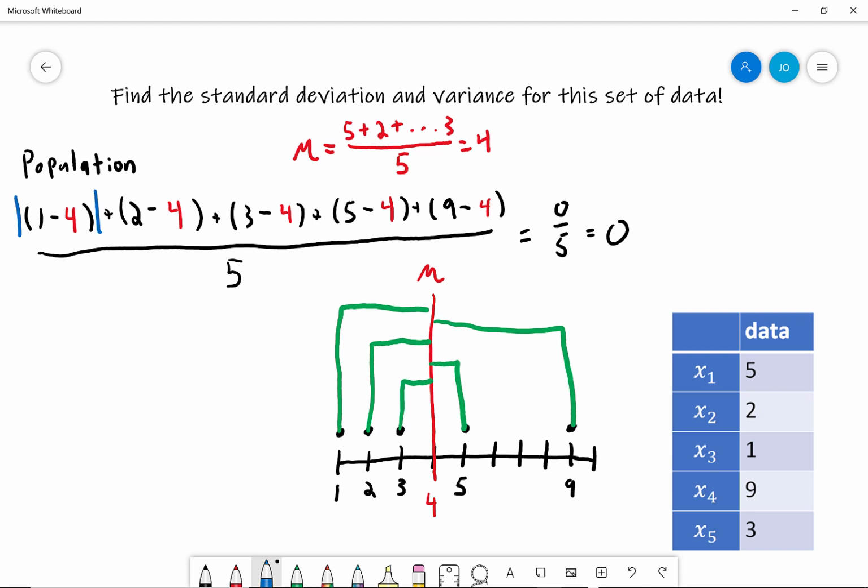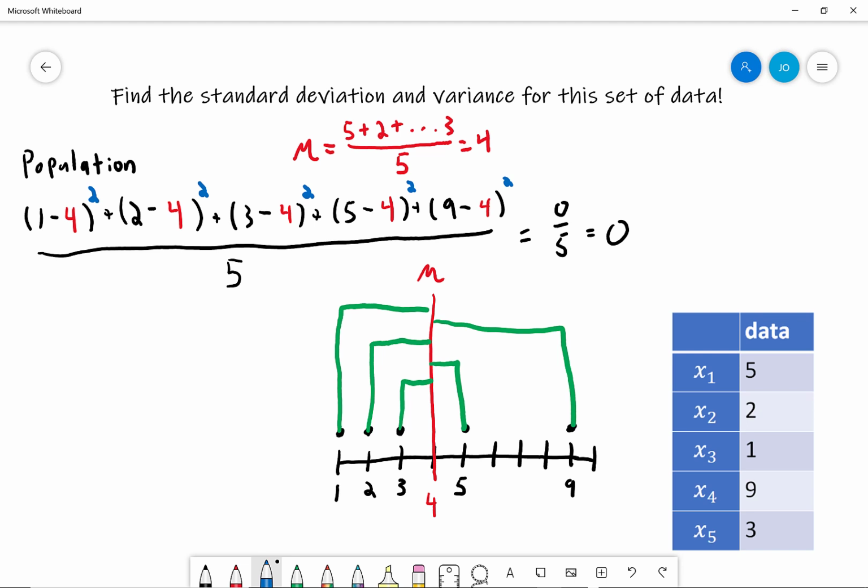However, in statistics, a much more used method in order for this to not sum to 0 is not for us to look at the absolute value, but rather to look at the squared distances. We're going to square these distances instead of taking the absolute value. And there's reasons for that.